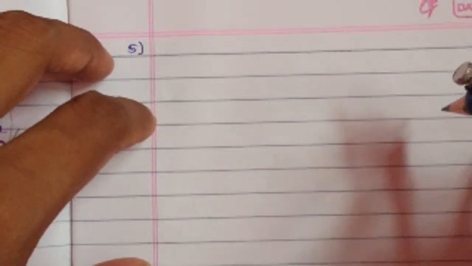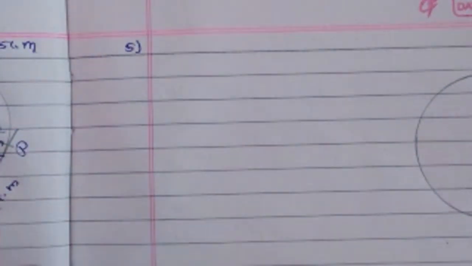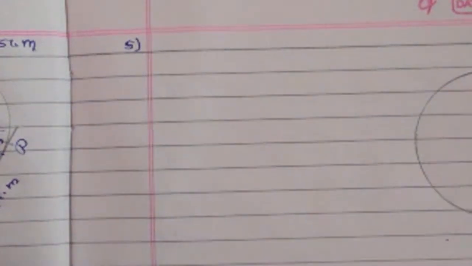In tangents PA and PB from a point P to a circle with center O, are inclined to each other at an angle of 80 degree, then angle POA is equal to dash. So I will draw one small figure here. Center is O.